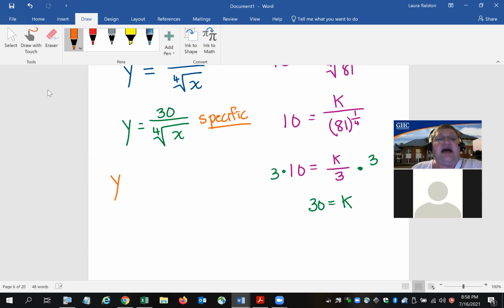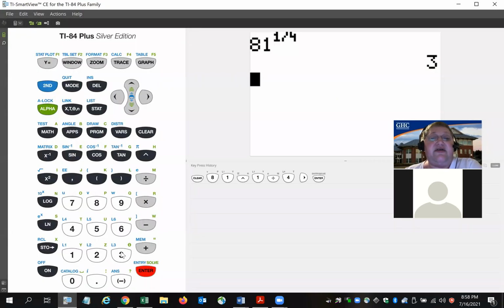So I have y equals 30 divided by the 4th root, and I'm going to put 17 to the 1/4, and it becomes a calculator problem. On my calculator, I would have 30 divided by 17 raised to the 1 divided by 4 power.